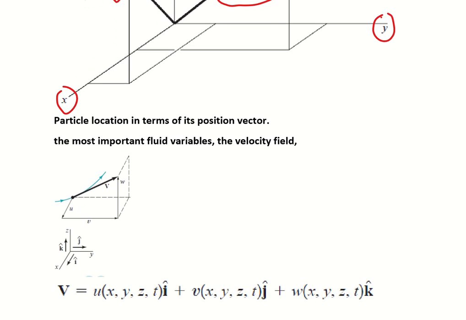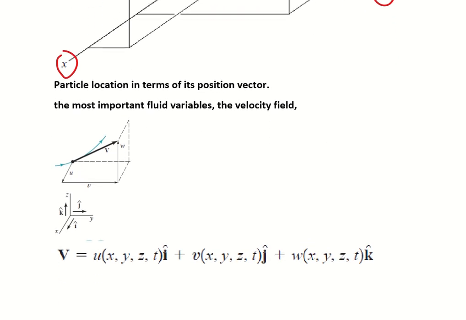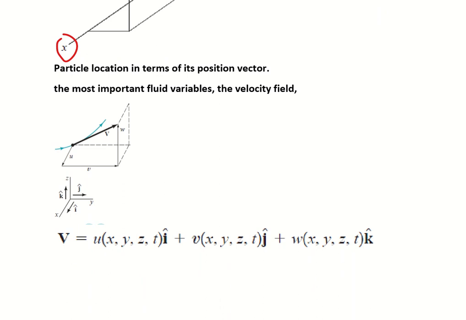So in this manner we can define the velocity field, and for Cartesian coordinate system mathematically we can represent, suppose this is the path followed by certain particle over the time. So at a given time this particle is having this velocity V. This V has three components.